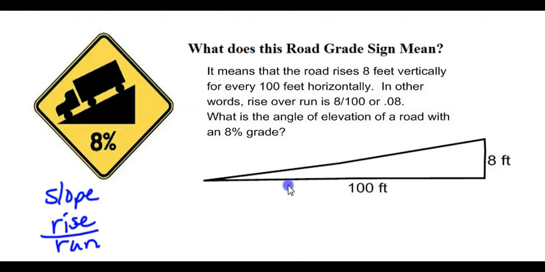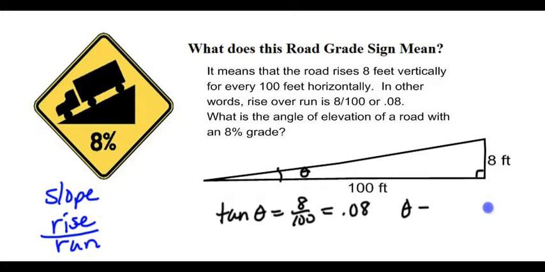So what would be the angle of elevation of a road with a grade of 8 over 100? Here's my theta. That would be what I'd measure my angle of elevation up from the horizontal. This would be my opposite side and my adjacent side of a right triangle. So I would say tangent of theta is equal to 8 over 100 or 0.08.